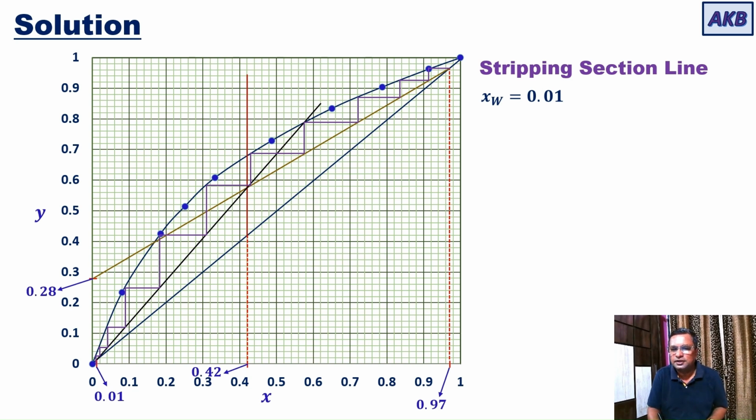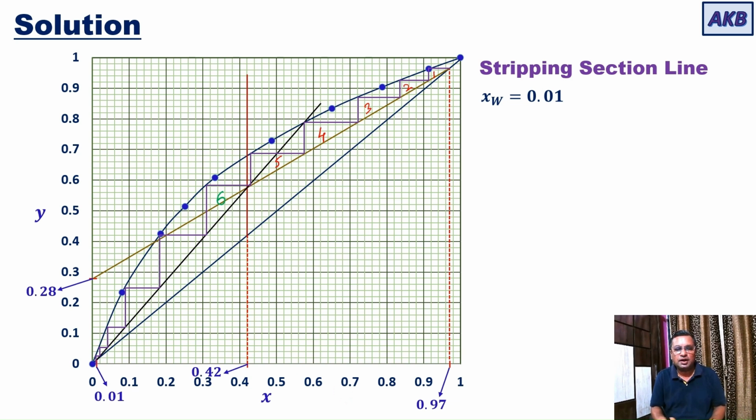So let us count. This is 1, this is 2, this is 3, this is 4, this is 5, and I'll use a different color to indicate that the 6th stage is the feed stage. Why is it a feed stage? Because on this triangle you have the intersection of the three lines, the rectifying section line, stripping section line and the Q line.